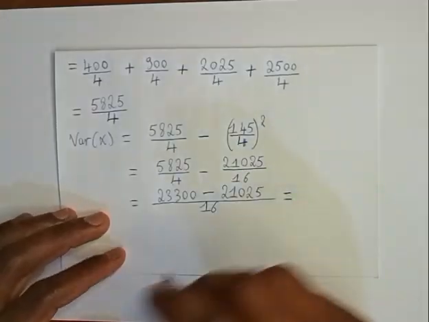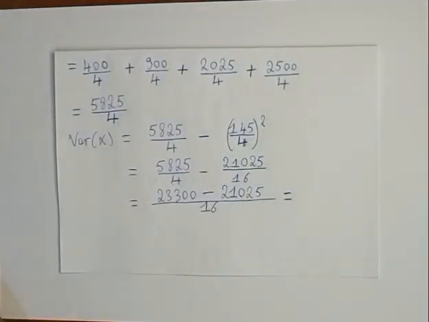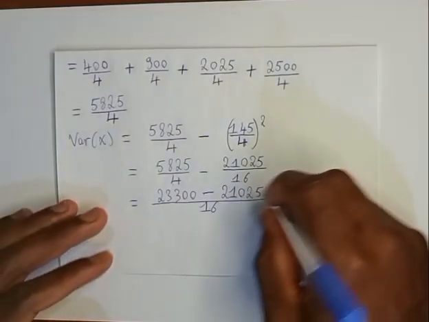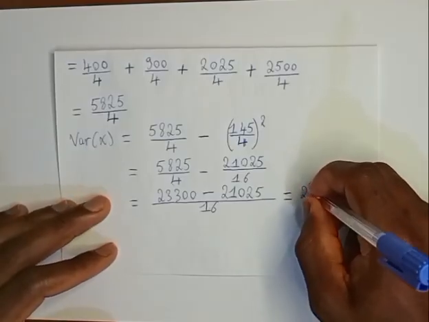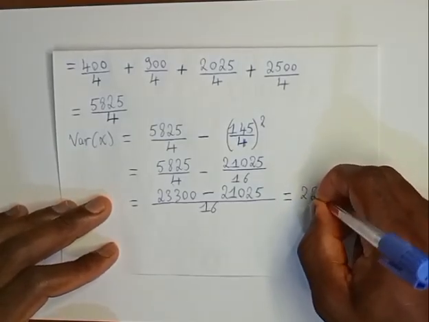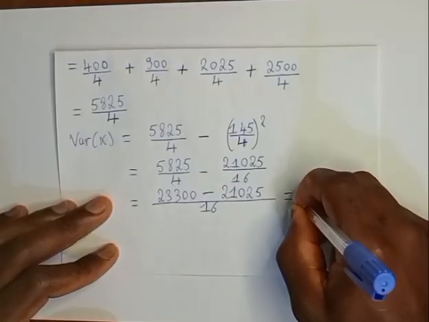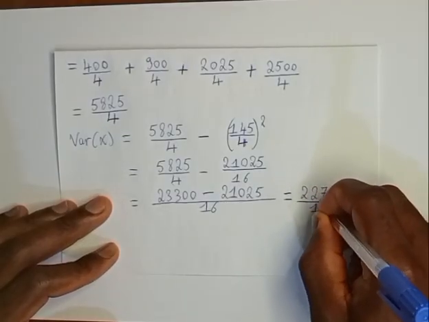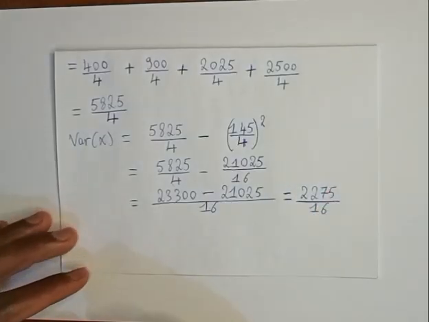This will be equal to 23,300 minus 21,025. This gives us 2,275 all over 16. This is the variance.